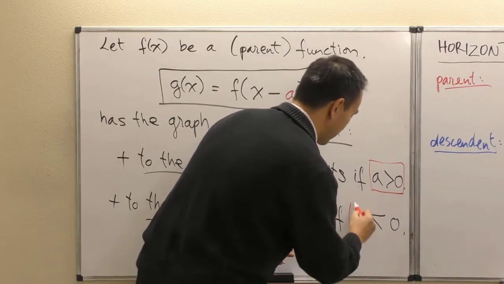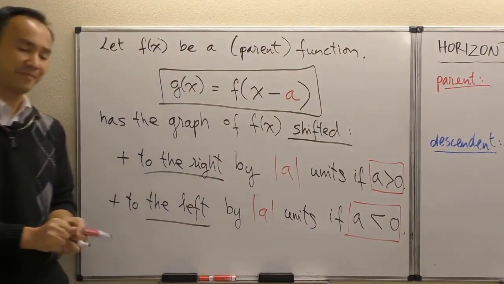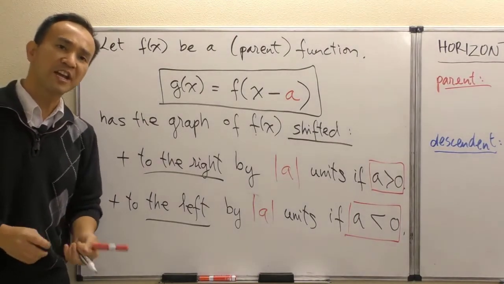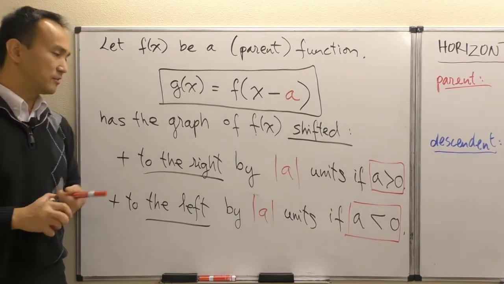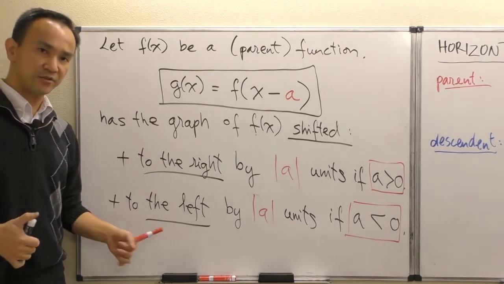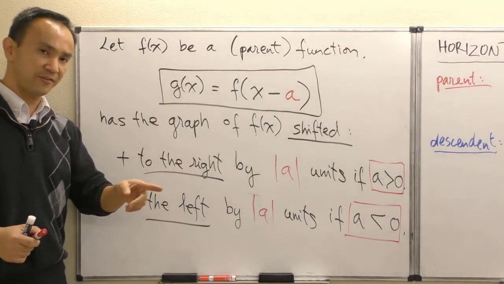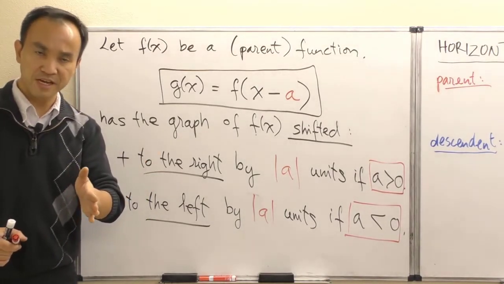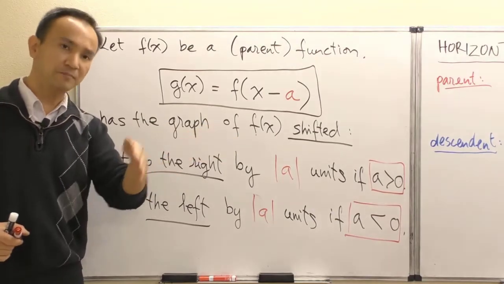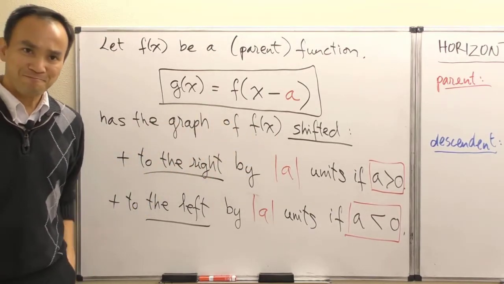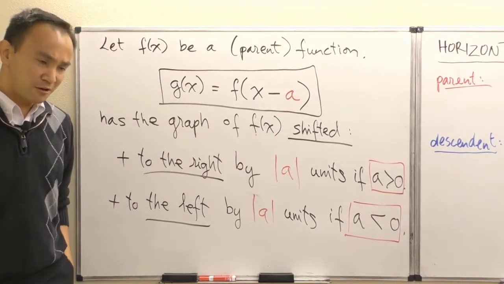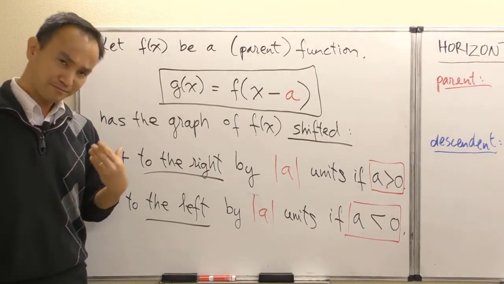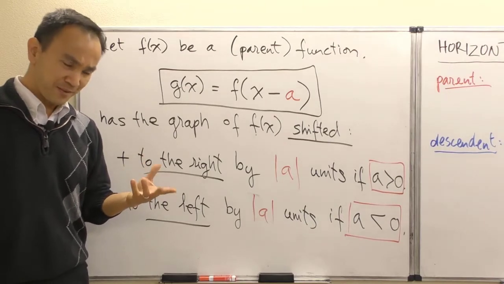And put that in a box again. All right, so that formulates our general explanation. This is what causes any descendant's graph to be the shifted version of the parent's graph. How's that? All right, and so now let's get back to the other board and start applying our understanding into doing some examples.